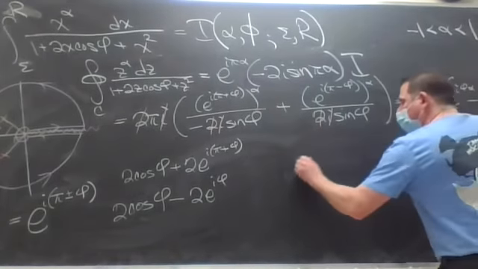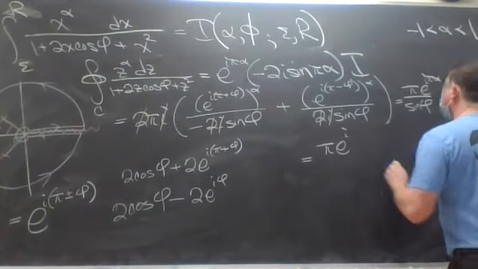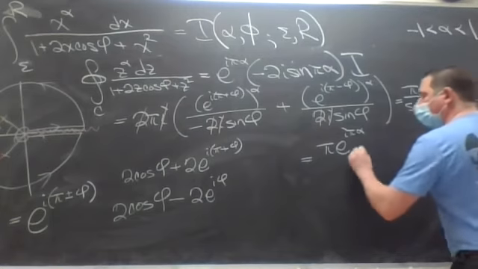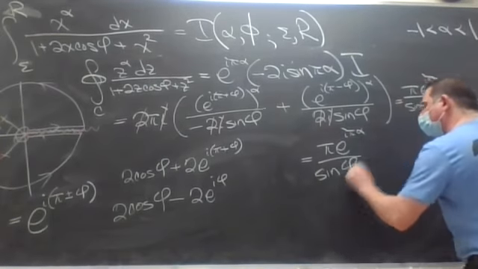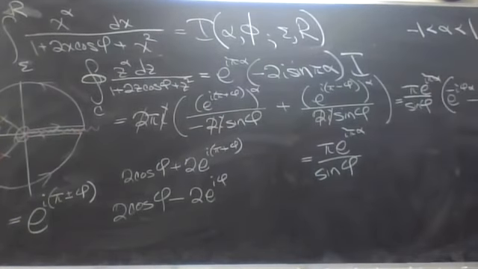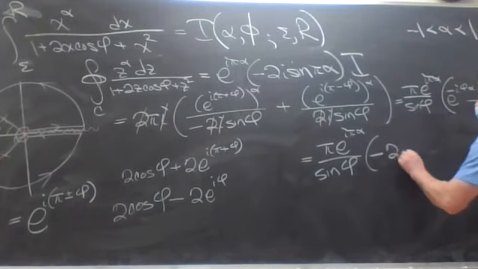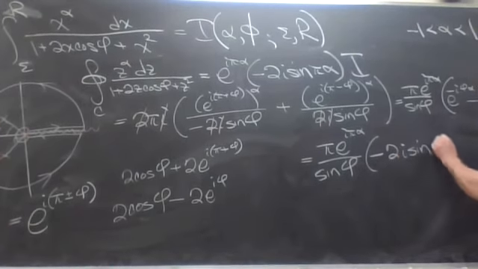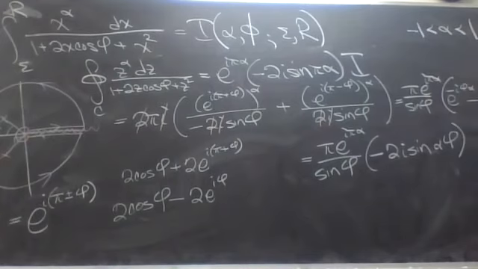So this gives me pi e to the i pi alpha divided by sine phi times minus 2i sine alpha phi.